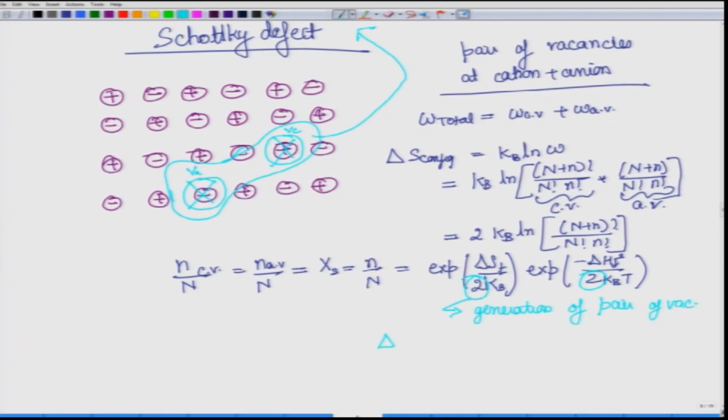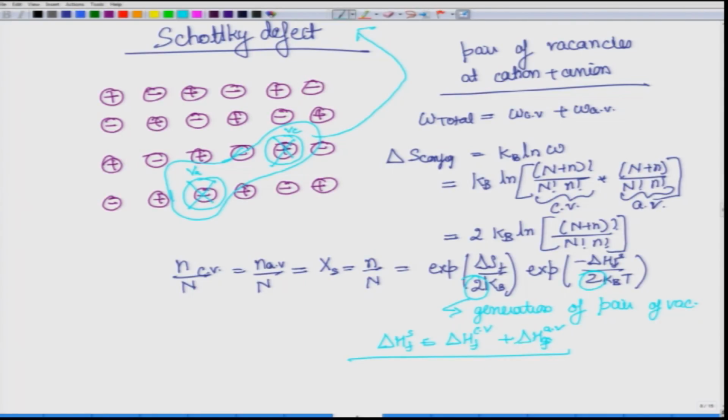So, delta H_f can be looked at as delta H_f cation vacancies plus delta H_f anion vacancies, and therefore, this is nothing but the average of these two quantities and therefore, you get this term by 2.